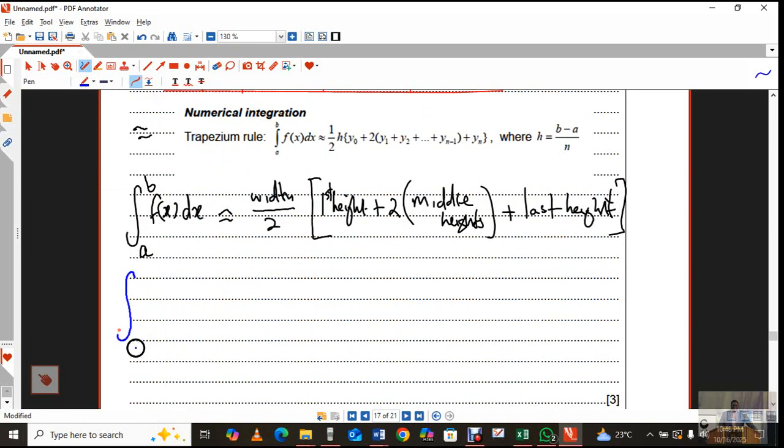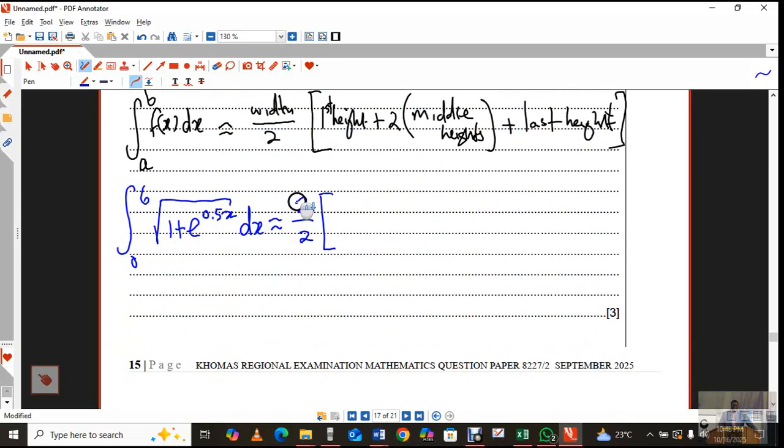The integral from 0 to 6 of the square root of 1 plus e raised to the 0.5x power with respect to x is approximately equal to our width, our h was 2, so it's 2 over 2. Our first height, guess what it was? Square root of 2.